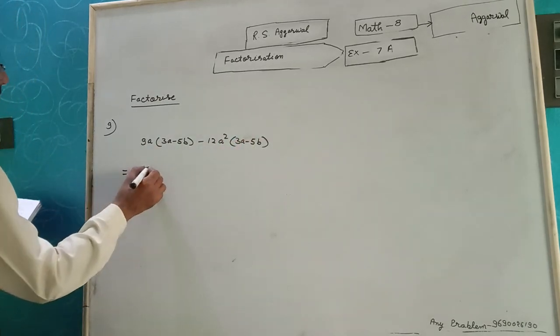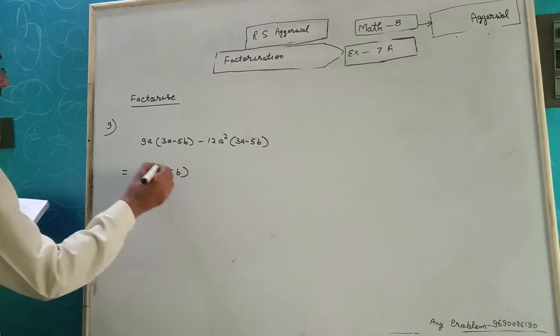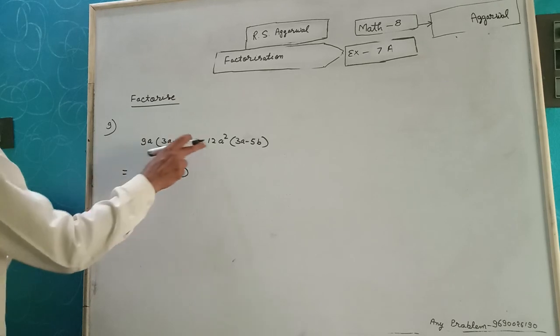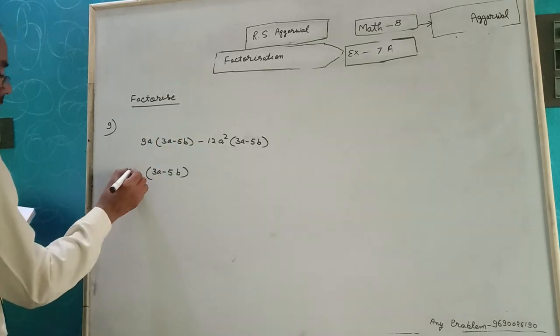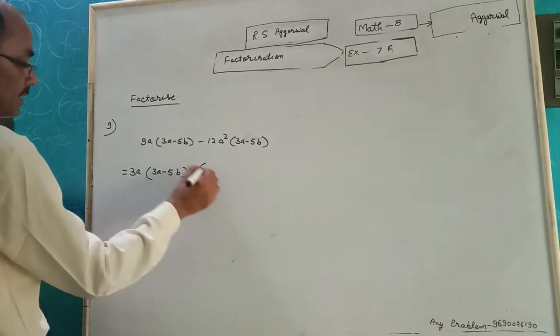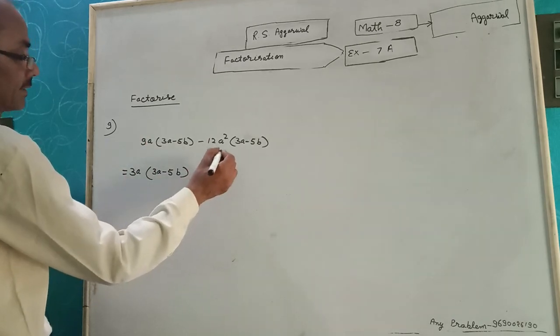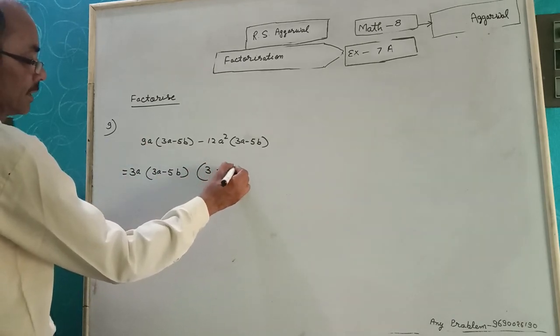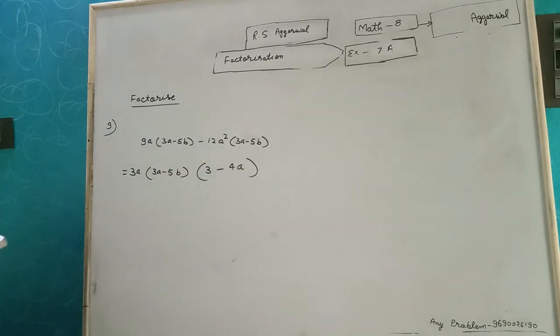Common is 3a minus 5b, and outside the bracket 9a and 12a square, common is 3a. After common, 3 times 3 is 9, 3 minus, 3 times 4 is 12, 4a will remain. That is, ninth question is complete. Thank you.